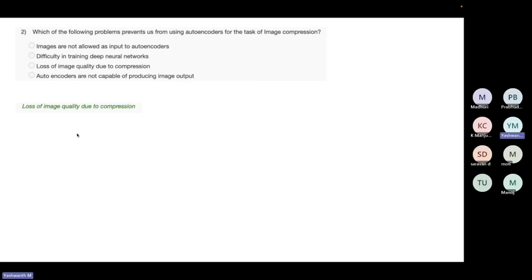Okay. So, second question: which of the following problems prevents us from using autoencoders for the task of image compression?